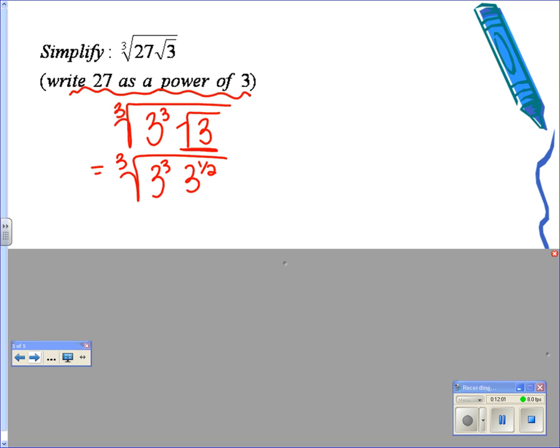Do you remember what to do next? Yes. It would be 3 to the 7 halves. 3 plus 1 half is 3 and 1 half, 7 halves. Does that make sense? Combine these two.